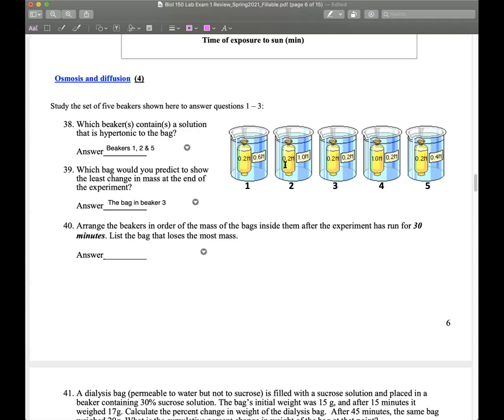So that's basically what it comes down to, just comparing these molarity values. In this beaker number 2, once again, there's a higher molarity in the solution of the beaker versus the solution in the bag. So that's what makes the beaker hypertonic to the bag.